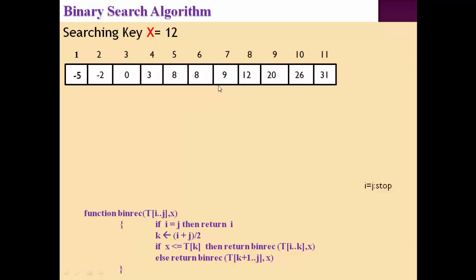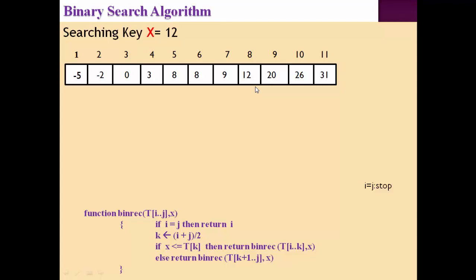We want to search whether 12 is available in this list or not. If it is available, then we have to identify the index number. 12 is available at index number 8, so your algorithm will return index number 8. It means that 12 is available, and it is at index number 8.